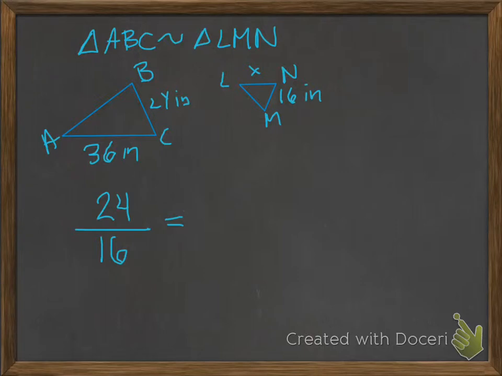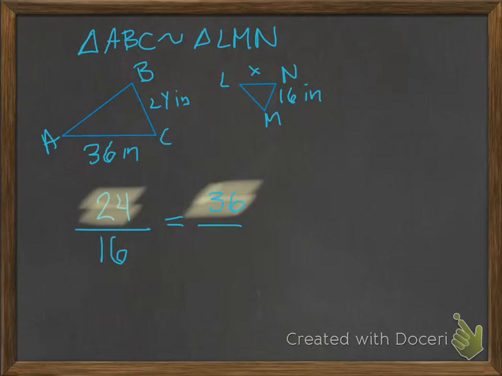So when we write our other ratio, we want to make sure we have the correct things lined up. The first numerator of 24 is from the first triangle. So maybe we can highlight in color. We need to make sure we also have the length from the first triangle in the second fraction, which is 36 inches.